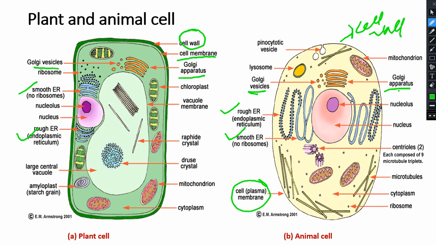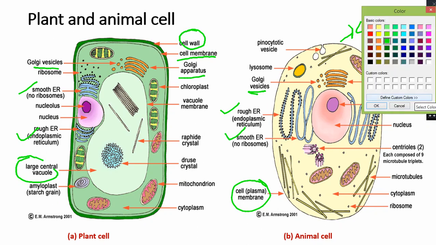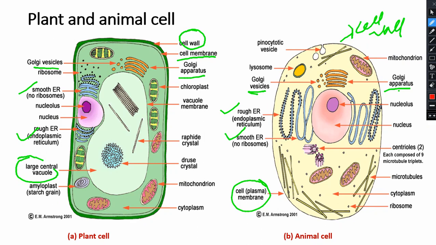So there is just an additional protection in the form of the cell wall. Now the difference here is that the plant cell has a large vacuole. This whole part that you are seeing is a large vacuole. Let's find the vacuole in the animal cell.